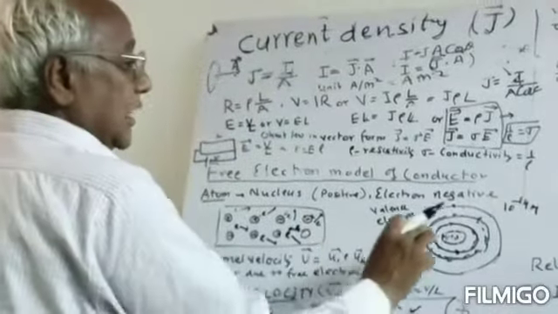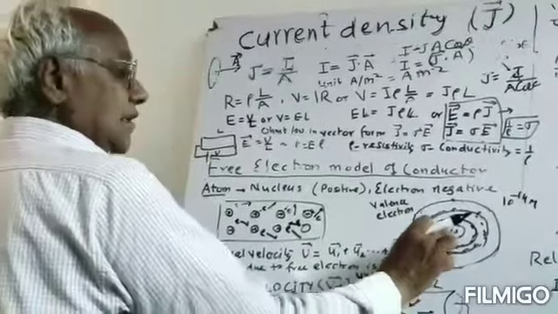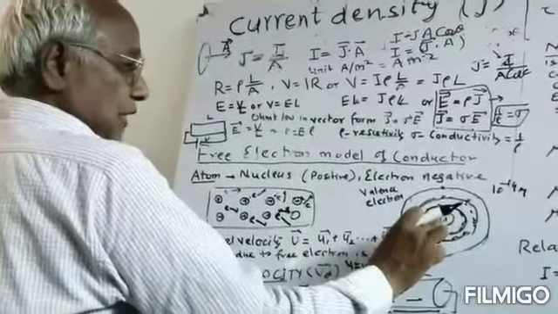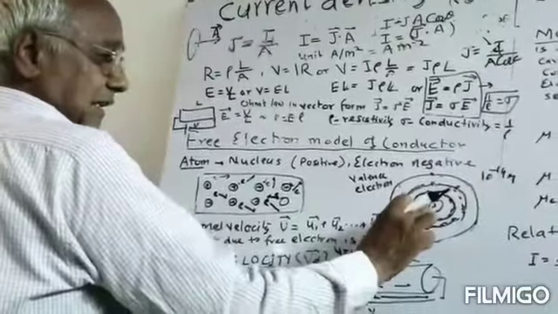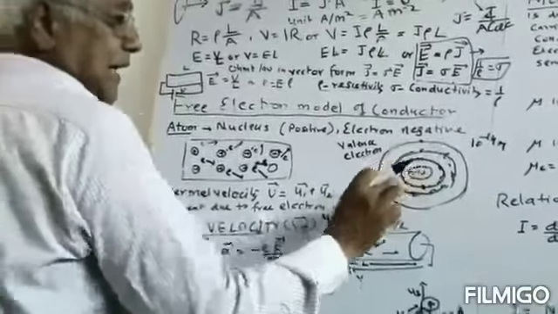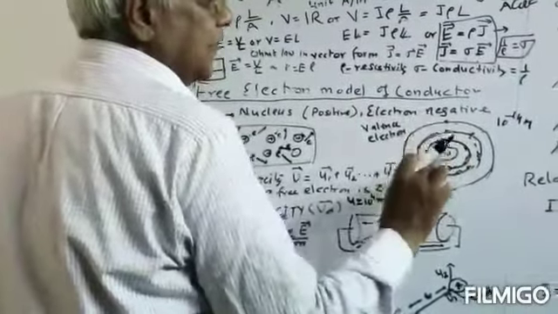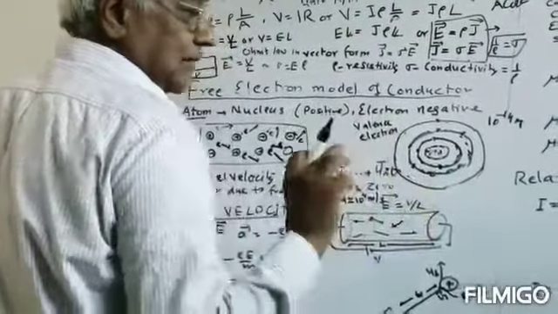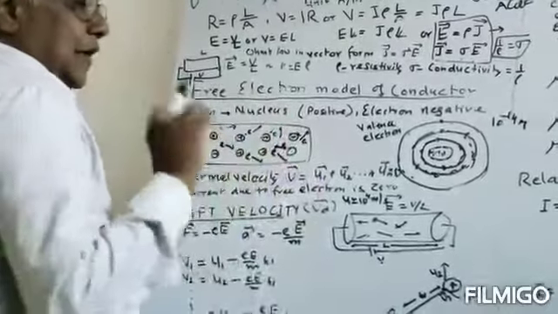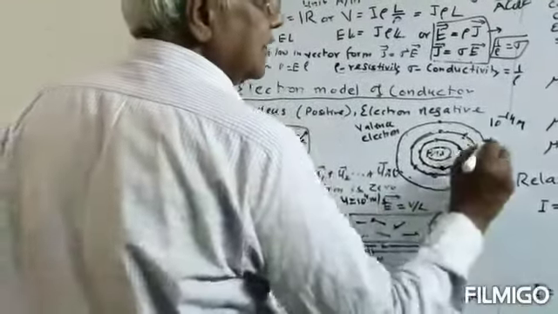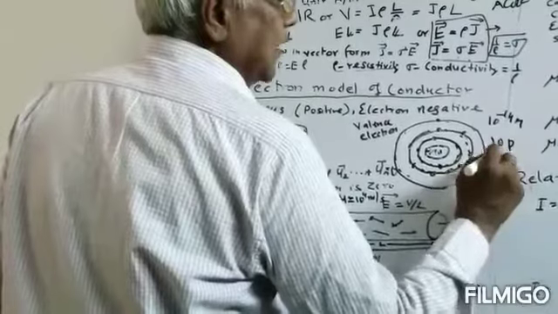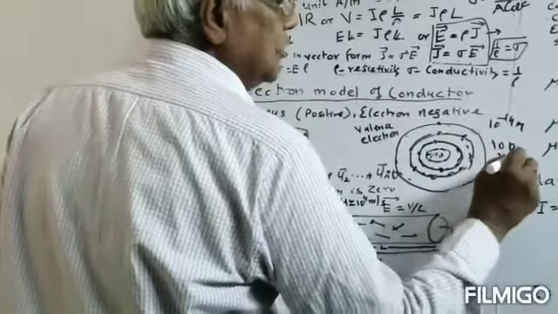Now, suppose the number of protons here is 11, as in the case of sodium. Then there will also be 11 electrons around it. So the total charge of 11 protons plus 11 electrons will be equal to 0.